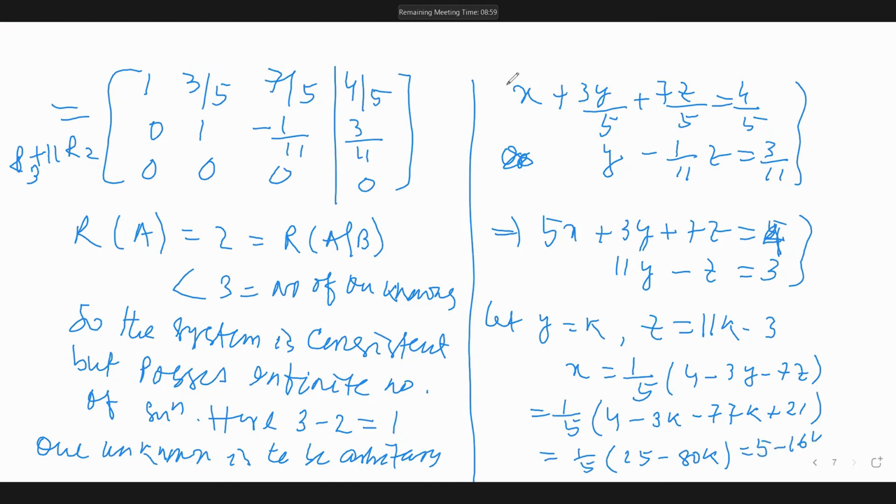These are the values. k is arbitrary; k can have any value.